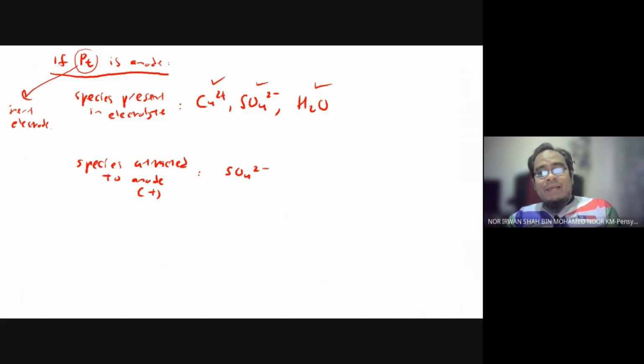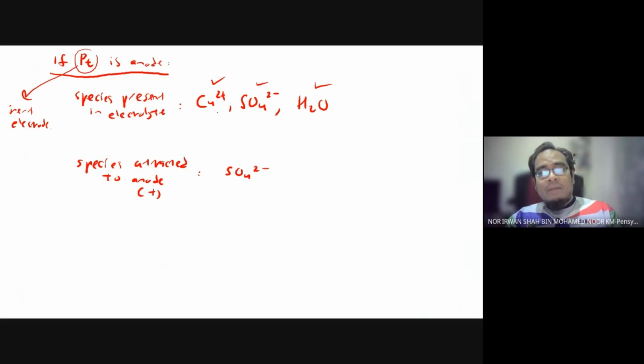Contohnya kalau kita tertarik kepada sesuatu, belum tentu kita akan pilih benda tu. Faham tak? Sebab tu attracted dengan selected adalah two different things guys. Dari sekarang ni apa yang akan attracted to anode, the first species adalah sulfate. Copper tu of course tidak, sebab copper tu positively charged.